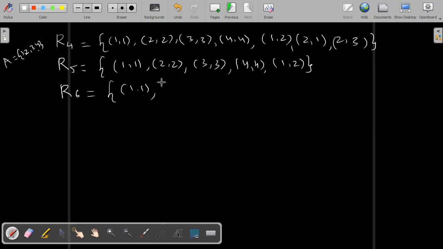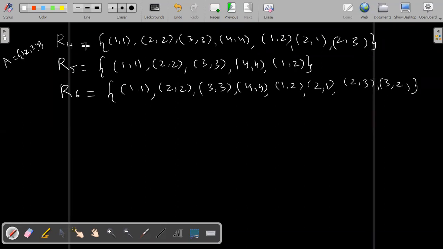You can note down (2,2), (3,3), (4,4), (1,2), (2,1), (2,3) and (3,2). Check it. And one more, R7, is (1,2) and (3,4). Okay, so you will check and get back to me.